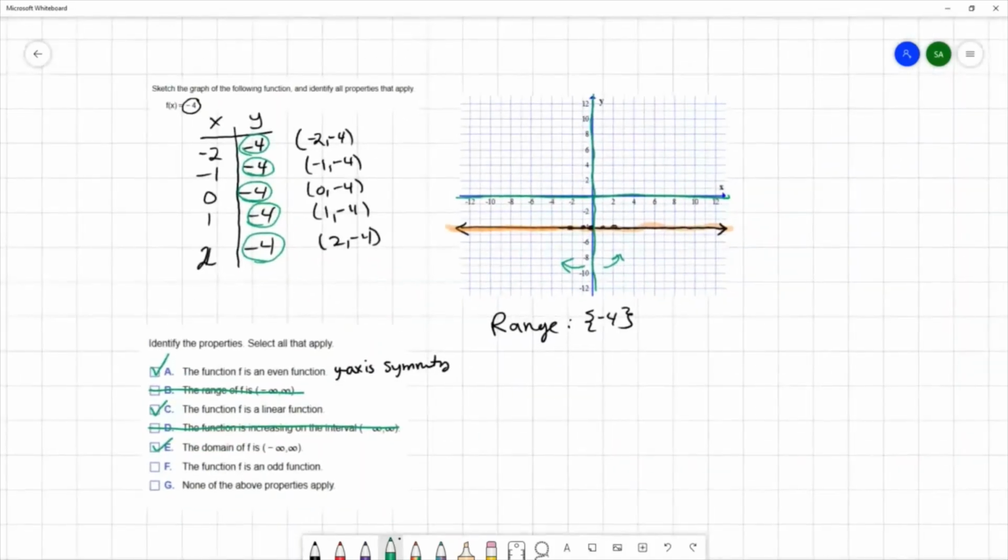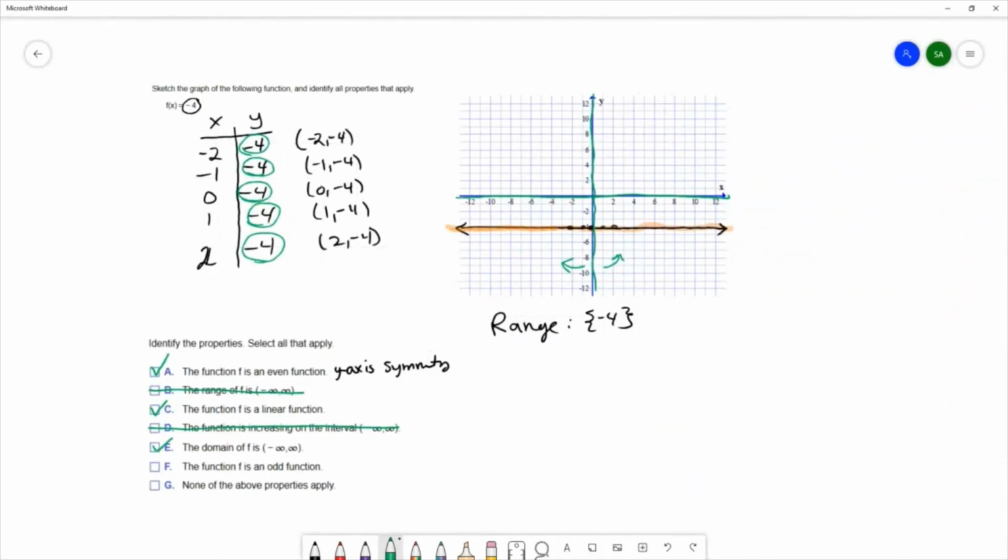The next property says the function is an odd function. An odd function has origin symmetry. So origin symmetry would have a mirror image around the origin. So opposite quadrants would have a mirror image.